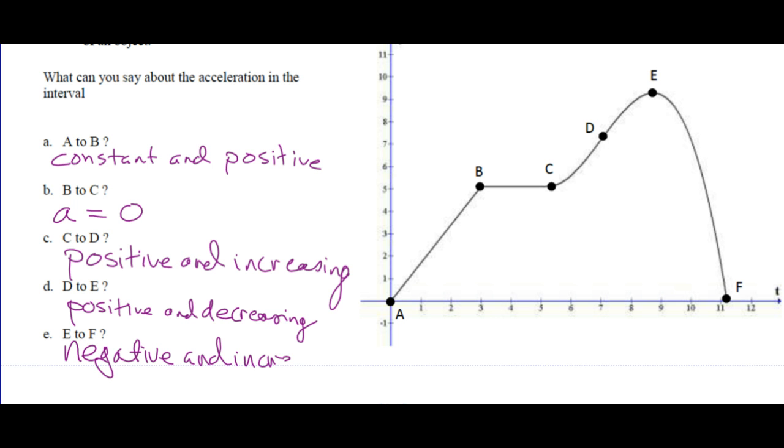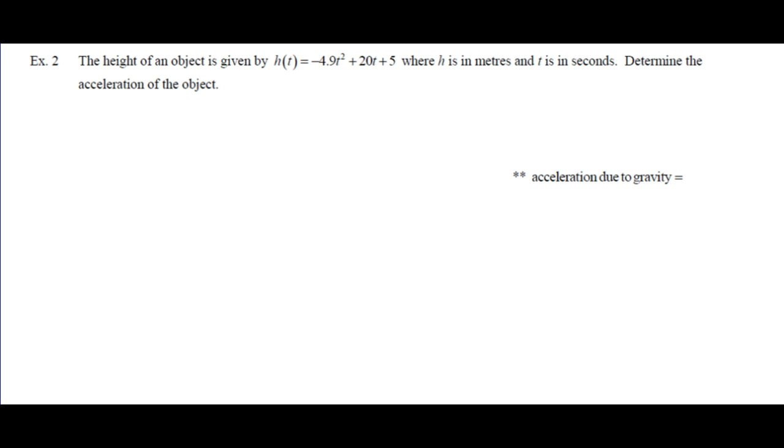So don't let the direction of the slope interfere with the magnitude of the slope. All right, so that's reading a velocity graph, and interpreting it as acceleration.